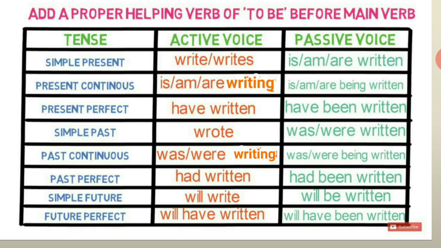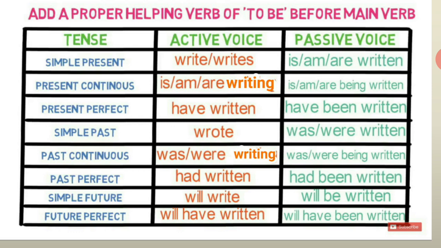In present perfect tense, in active voice, we use has or have written, and while changing into passive voice, what we write? Has or have been written. Then we will take simple past tense. In simple past tense, we always use the second form of the verb.